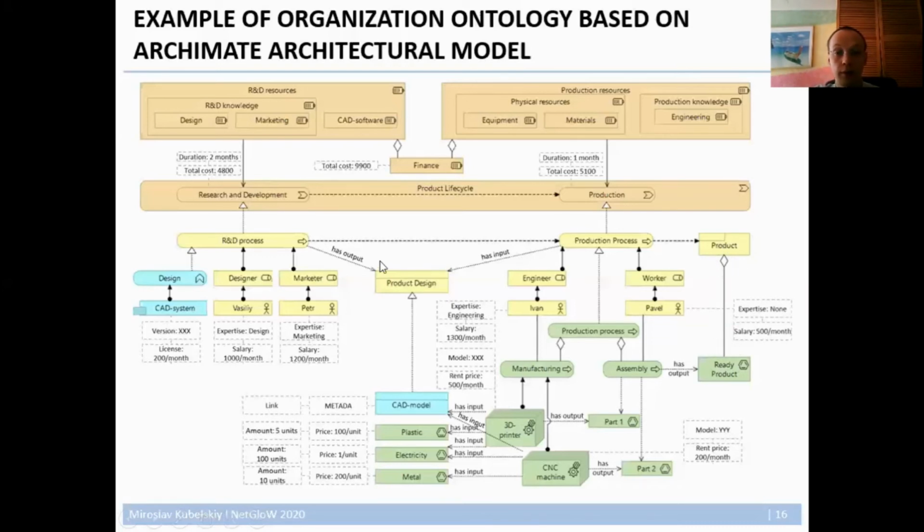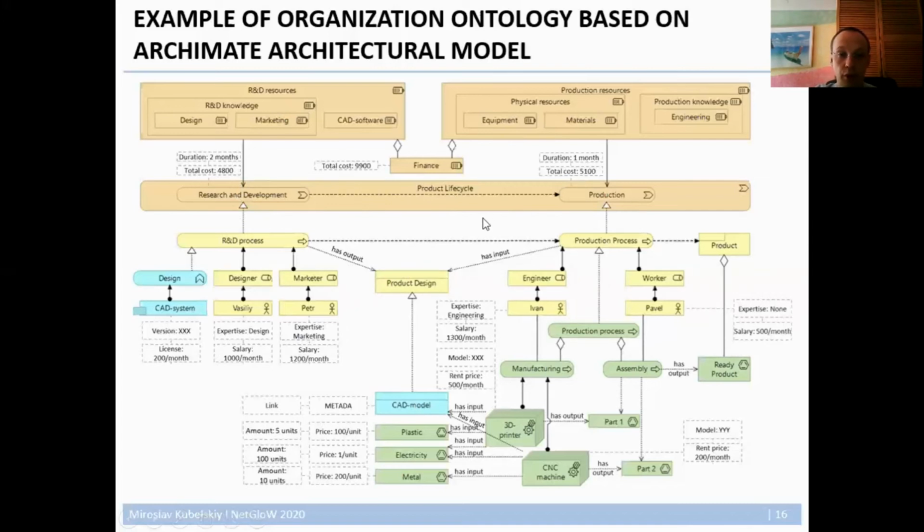So, if we have all these types of attributes for each element, we can automatically do calculations for the total costs of the product, for the total amount of knowledge that we need to perform these steps, and so on.